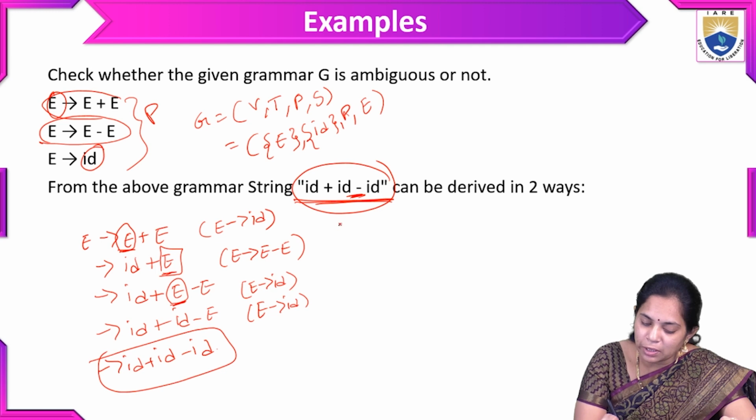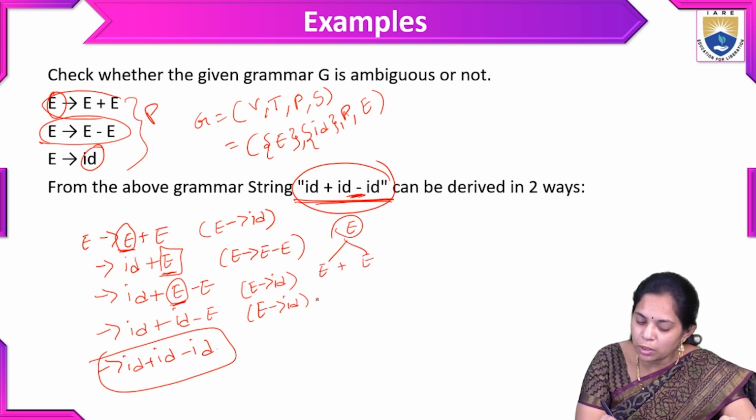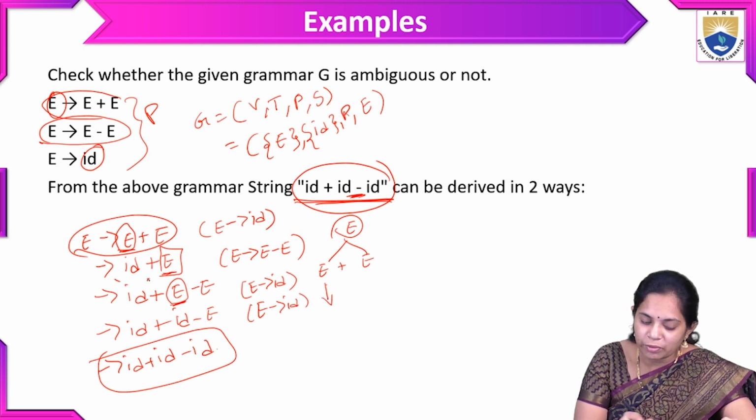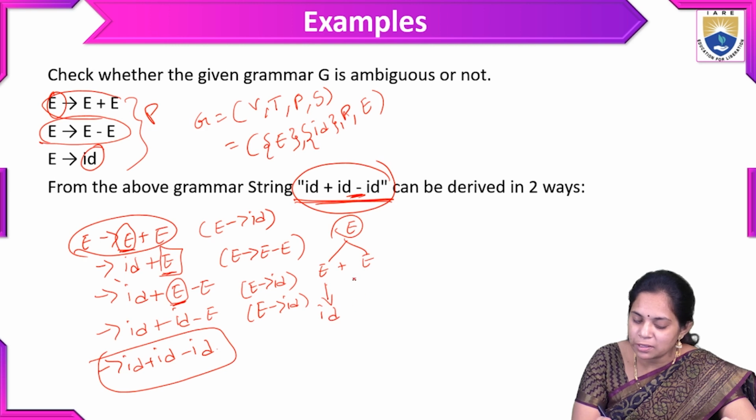So let me draw this derivation tree, and here we have taken E, E plus E. This is the first step. This is the root node. For the derivation tree, first we have to take the start symbol and derive using the production rules. The next step, ID is replaced, and next this E is replaced with E minus E. And after this ID is replaced, and again this E is replaced.